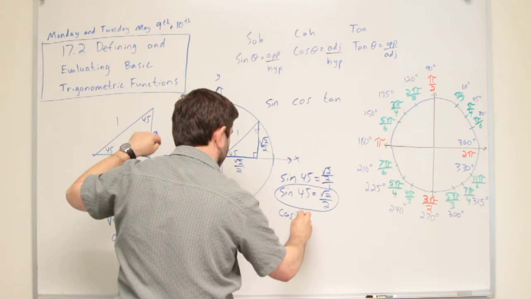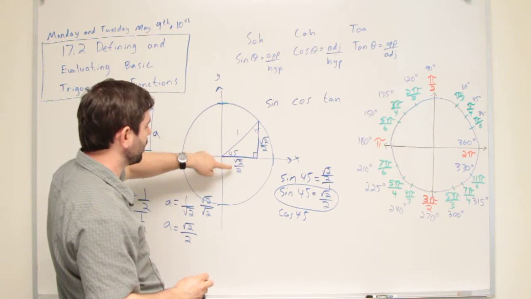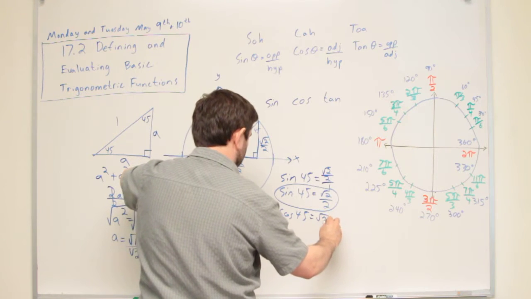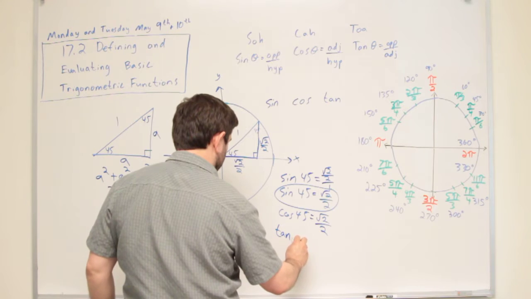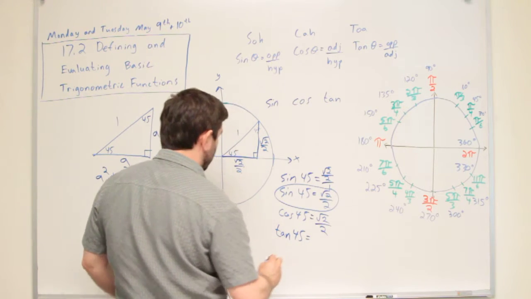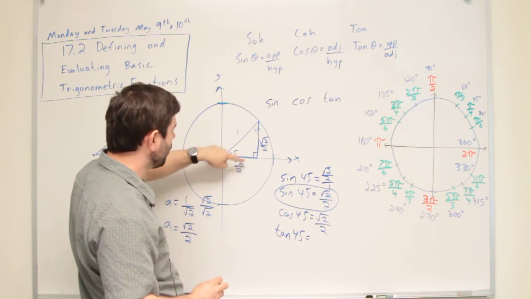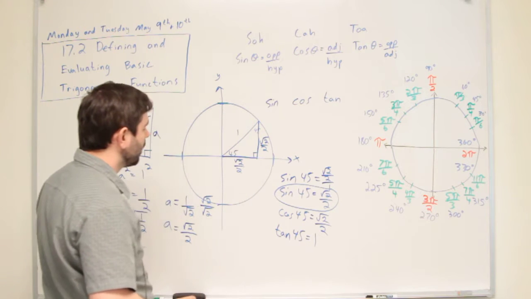Cosine of 45. Well, this is adjacent over hypotenuse. It's going to be this over 1, so root 2 over 2. And tangent of 45 is going to be opposite over adjacent. These are both equal. Root 2 over 2 over root 2 over 2 is going to equal 1.